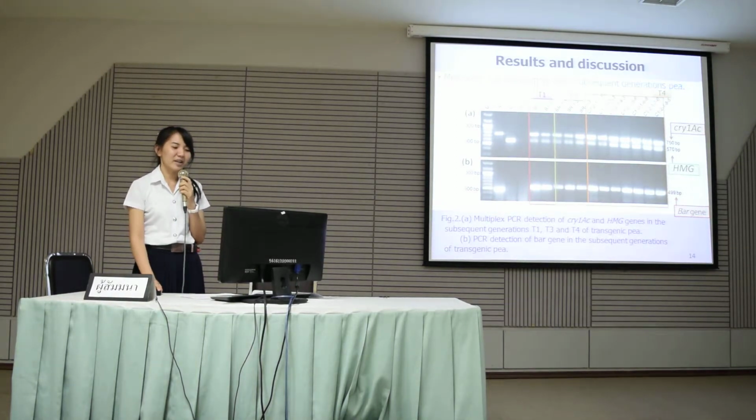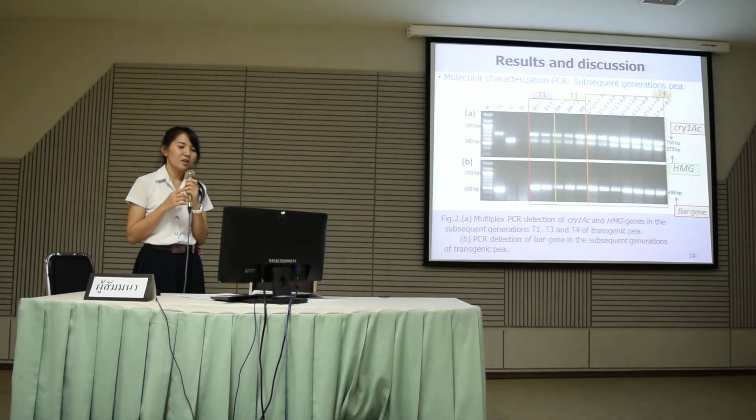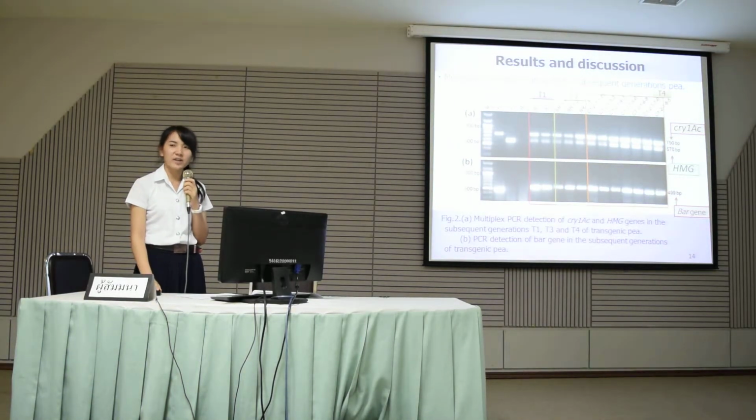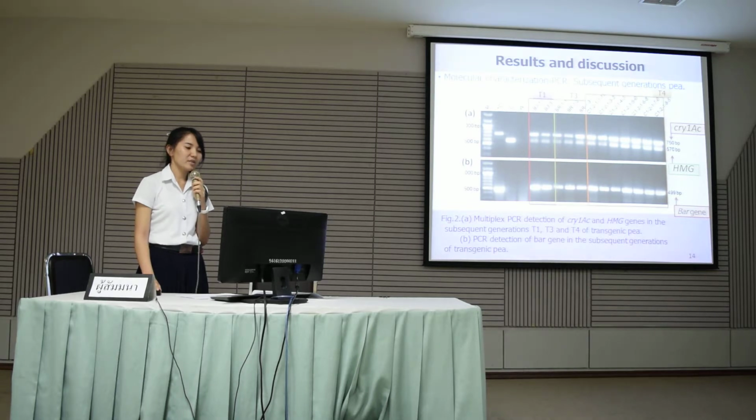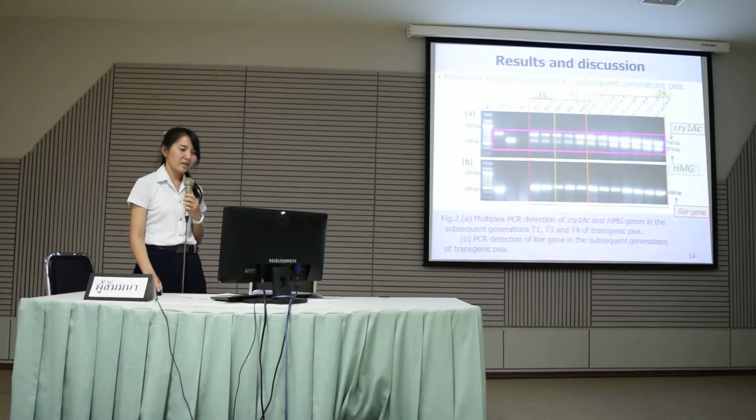A is multiplex PCR detection of CRY1AC gene and HMG gene in subsequent generations 1, 3, and 4 of transgenic P. B is PCR detection of bar gene in subsequent generations of transgenic P. In the pink box appear bands of CRY1AC gene and HMG gene, and in the red box appears a band of bar gene.